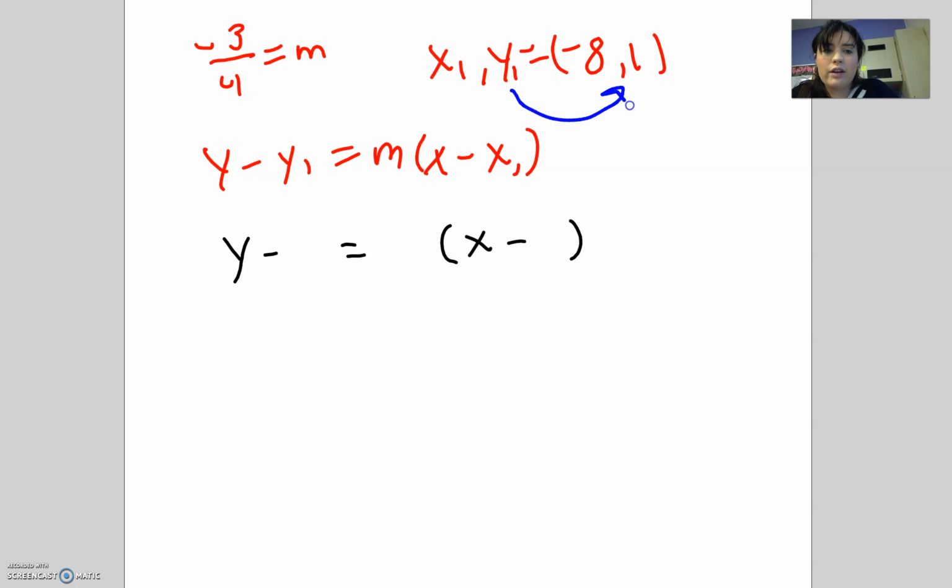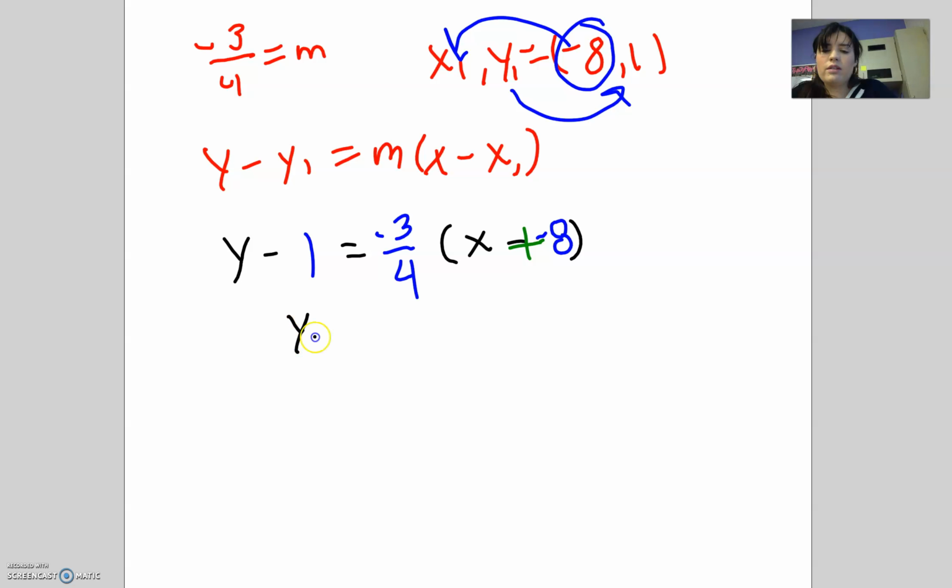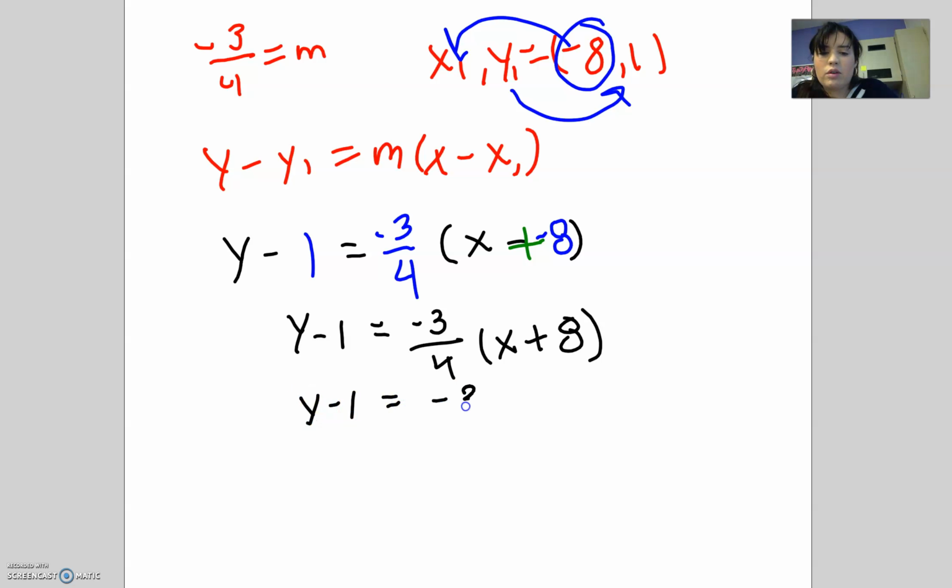Now we're going to fill it in. y1 is right here. That's 1. Our m we found was negative 3/4. X minus x1, which is negative 8. We're going to write that in there. Oh, look at that. Two minuses make a plus. I'm going to rewrite this. And now we have to distribute the negative 3/4 to x, which is just multiplying if you didn't catch that first round.